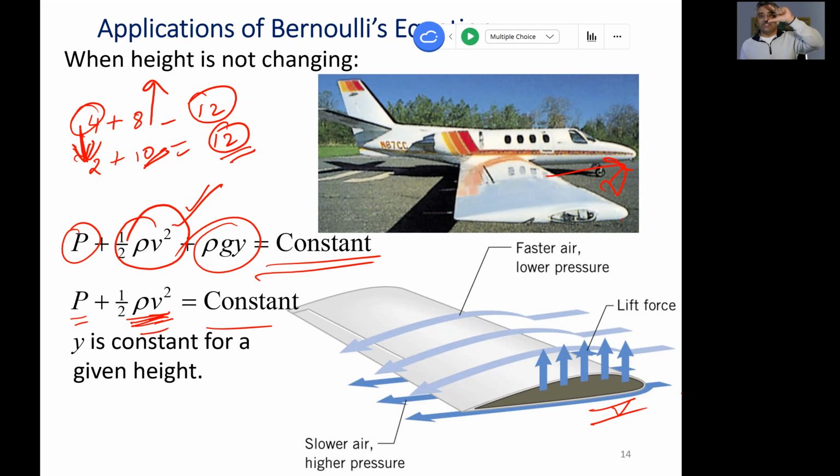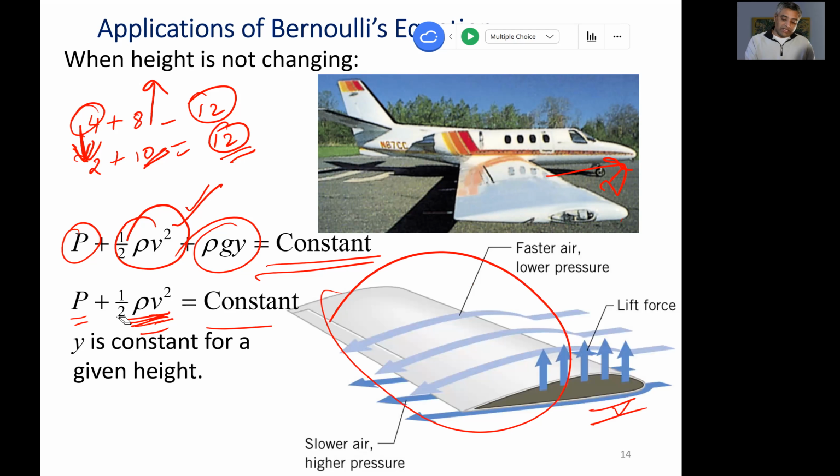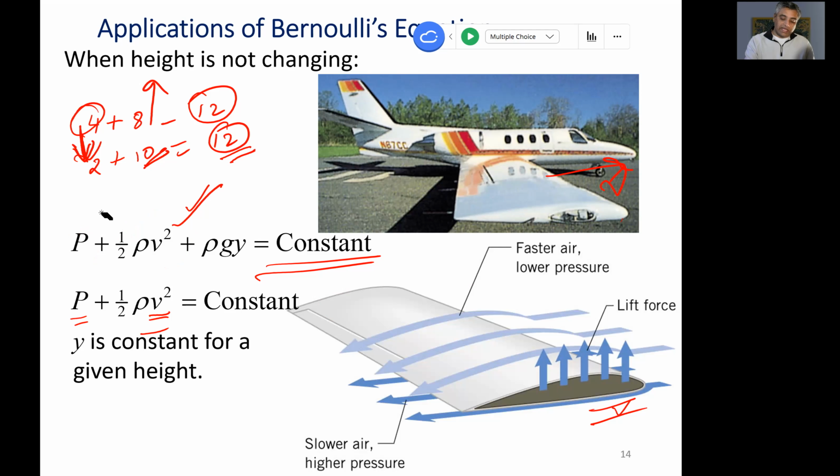So there is a pressure difference. That pressure difference times the area of the wing gives you force, upward force, okay? Because of that, it lifts. So that's how the plane lifts, okay?